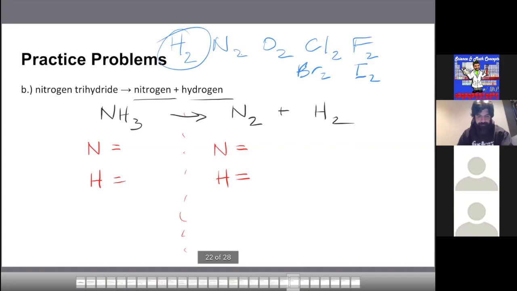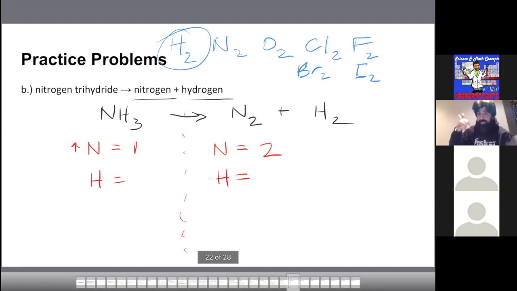Okay, anyhow. Now, let's count how many nitrogens we have. On the reactant side, we have 1 nitrogen. On the product side, we have 2 nitrogens, which means, and this is one of the things that I do when I balance, I always put an arrow that goes up, telling me that I need to increase the number of that atom on that side.